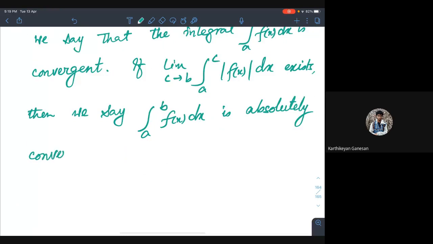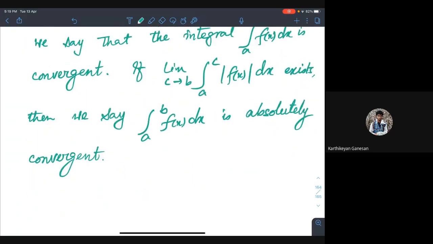All right. So b could be infinity. If you are confused with b, you can take b to be infinity for simplicity.